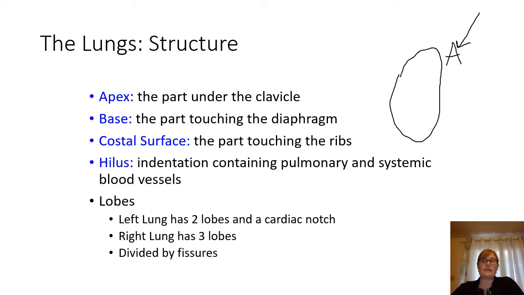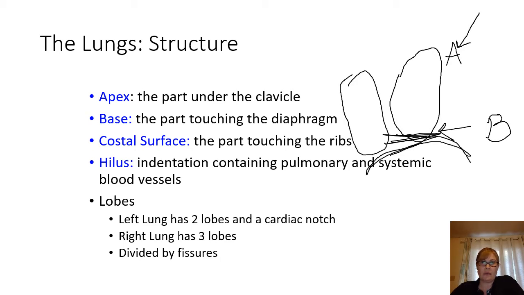Remember we said that the apex of any organ is always the pointiest part. The bottom section here is known as the base. And the base sits on the diaphragm. So the diaphragm is going to sit under the lungs and the base rests upon that. So this would be the diaphragm and this would be our other lung.